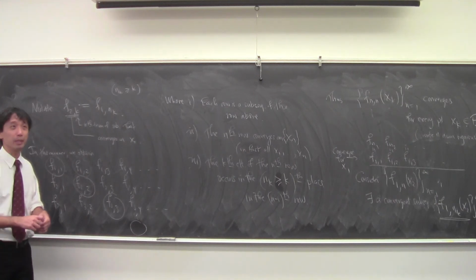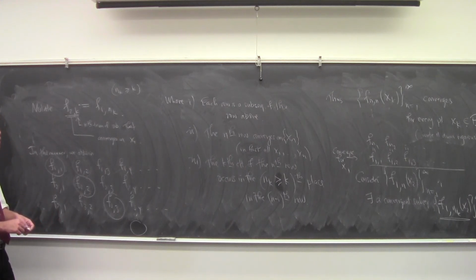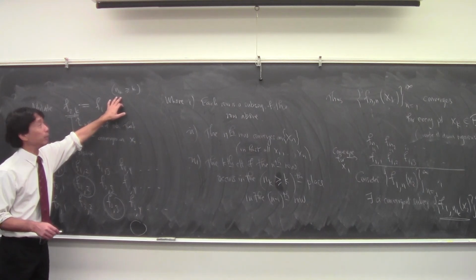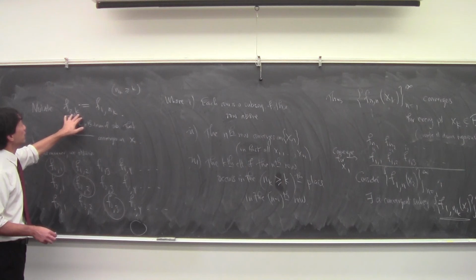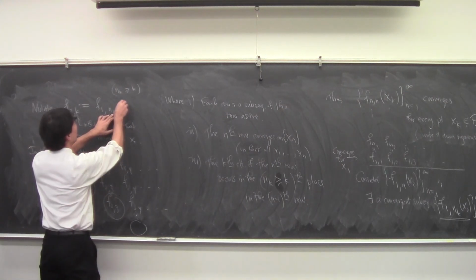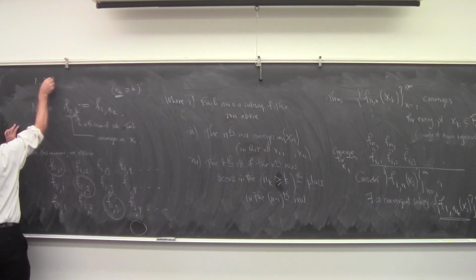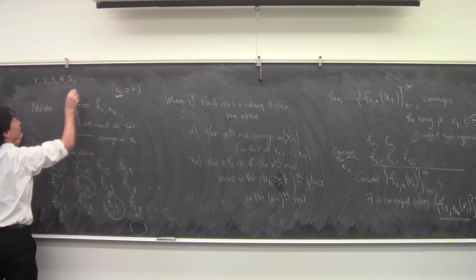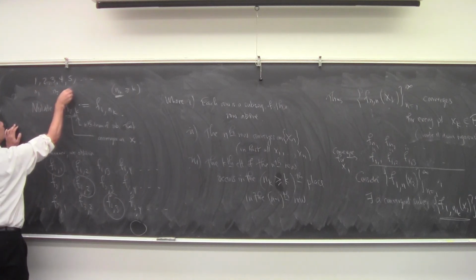Okay, that's the idea. Yeah, Lara. So you said that the index of the subsequence will be greater than or equal to the index of the sequence itself. That's right. You started off with the original sequence 1, 2, 3, 4, 5, and then you've chosen n1, n2, n3.